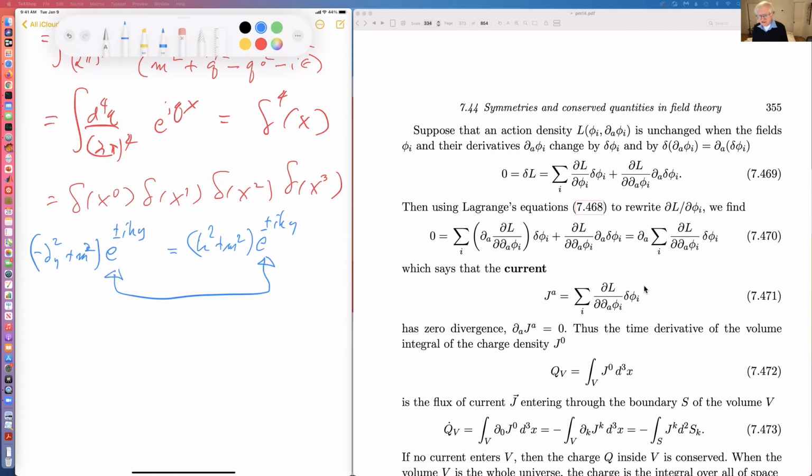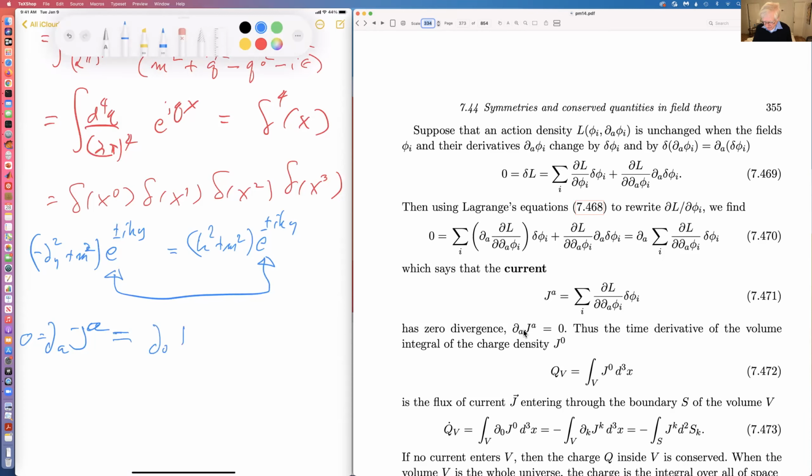Okay, so this says that this current is conserved because it has a 0 divergence. That is, and what does this mean? D0, dA, JA. So that 0 equals the time derivative of J0 plus the divergence of the 3-vector part of J, where J is this.